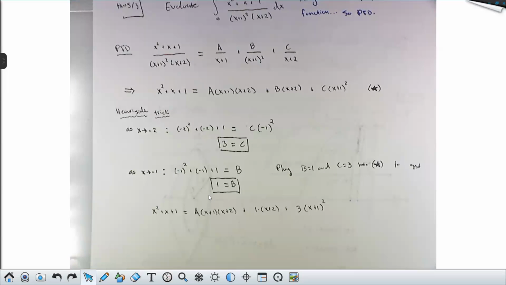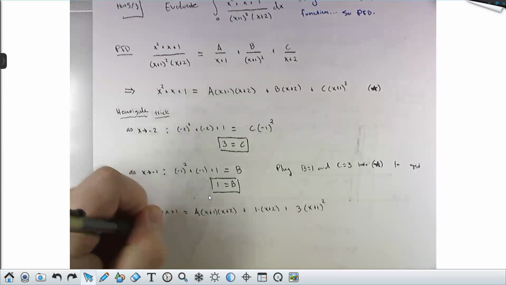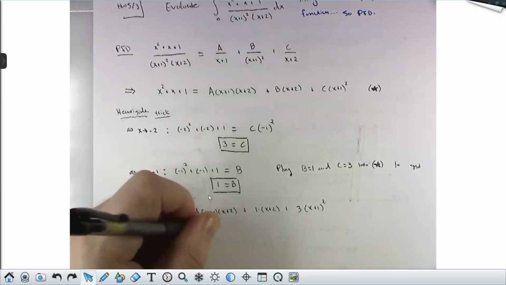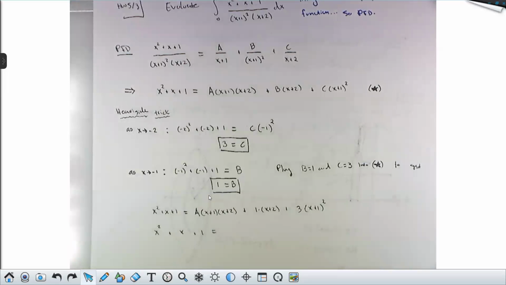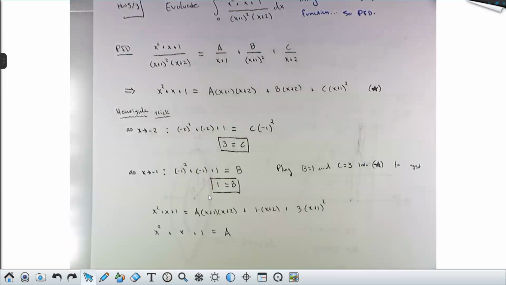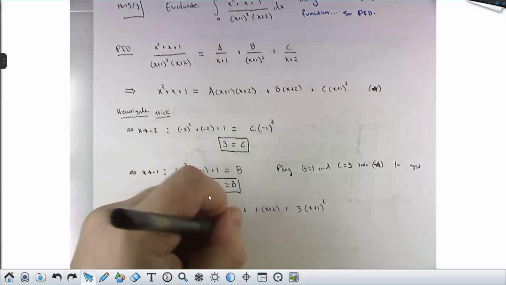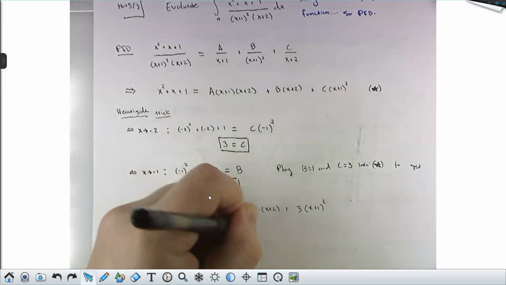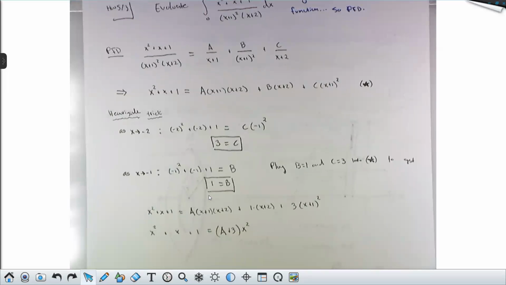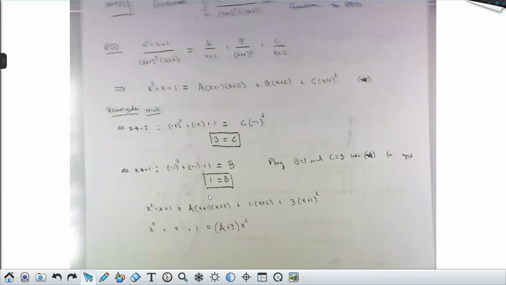And now I can multiply things out and collect like terms. This is x squared plus x plus 1 equals, let's look for our quadratics. I'd have ax squared from this, and 3x squared from that. And I don't really care about anything else because this is plenty for me to get the job done, but I'll go ahead and write out the other terms.